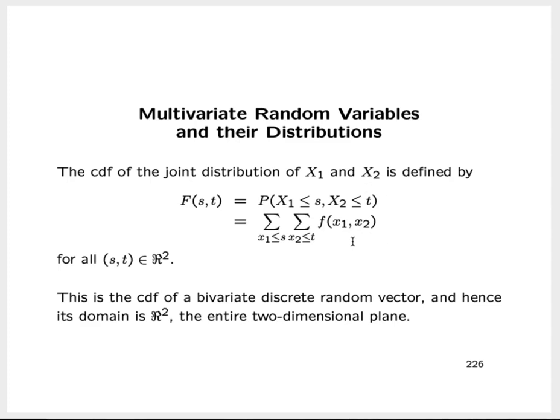And this probability can be calculated by summing up the values of the joint PMF for all values of X1 and X2 where X1 is less than or equal to s, and X2 is less than or equal to t. Now, this is the CDF of a bivariate discrete random vector, and hence its domain is R2, the entire two-dimensional plane.